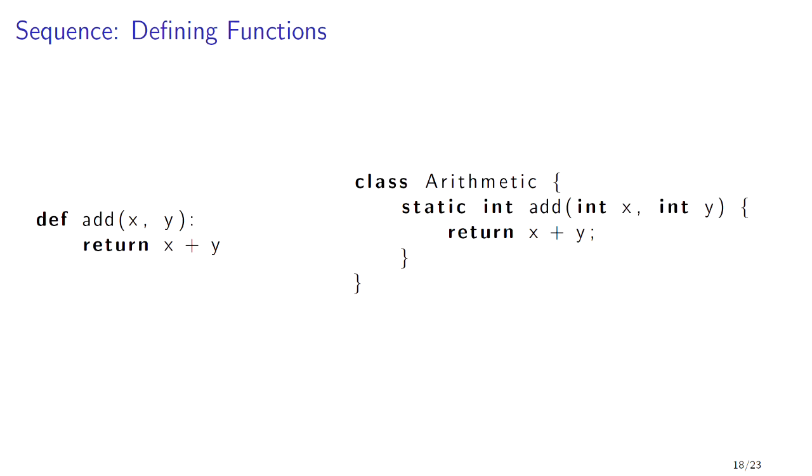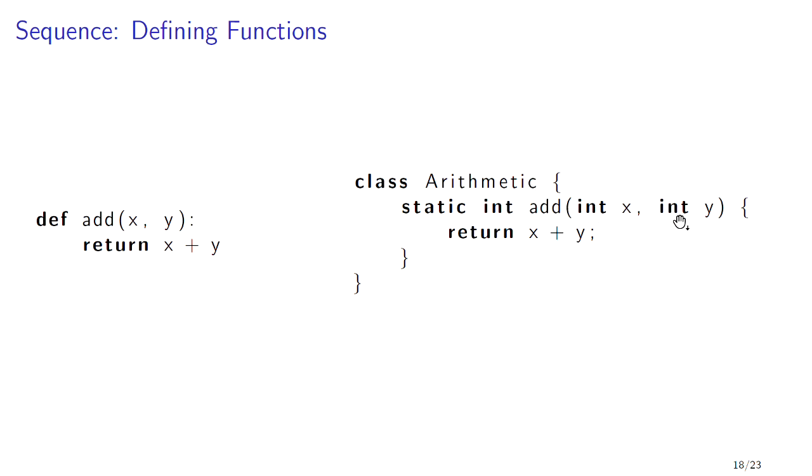Defining functions. We've already seen the example for hello world, but as we said, there's a bit of cumbersome stuff around that. So in Python, it's just, I want a function: def, function name, parameter list, body of function. Everything in Java belongs to an object, so I've got to have a class. I'm going to have an Arithmetic class and an add method.